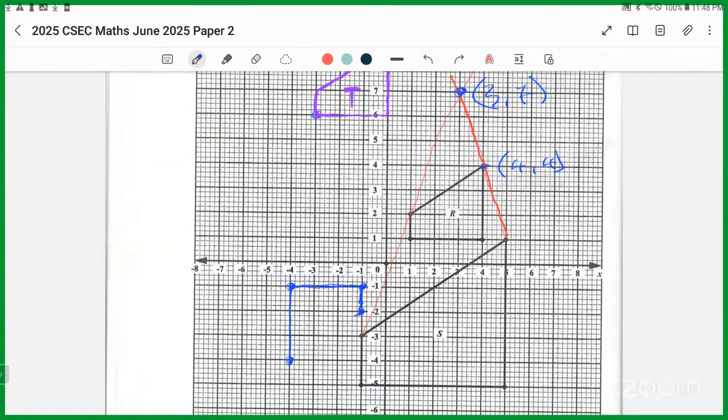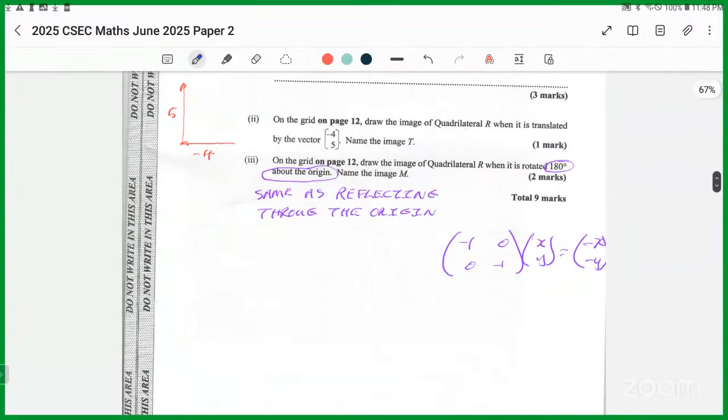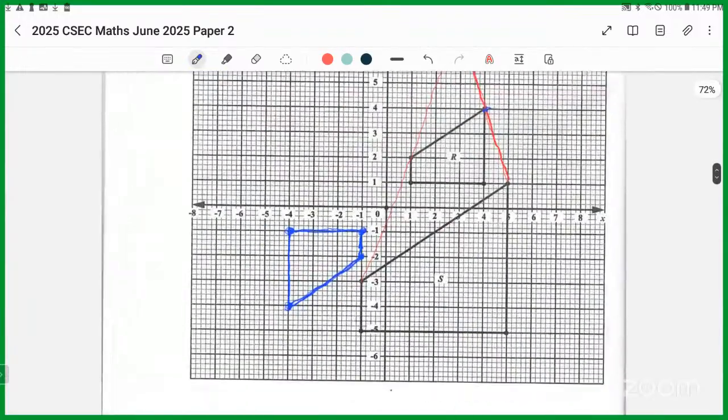But that is it. As I said, you could just take the coordinates of the points and negate them. That's what the reflection through the origin does, or the matrix notation: it negates the values. So a point (x, y) goes to (-x, -y). For example, this point is 1, 1, it's now at -1, -1. This point is 4, 1, it's now -4, -1.